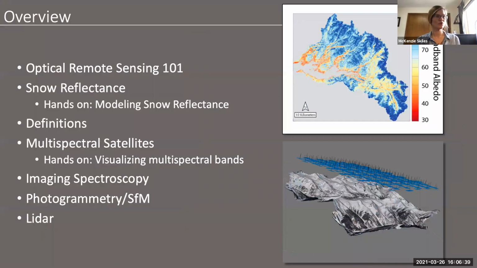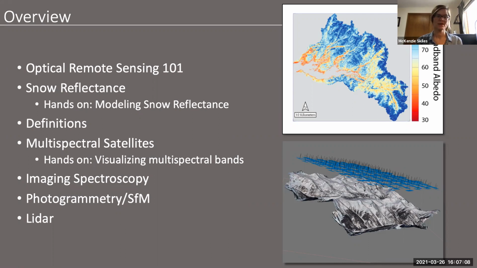So just to give you an overview of the webinar, we'll be talking about, really broadly, optical remote sensing 101. If you've taken a remote sensing class, feel free to tune out during those slides, but I just want to make sure everyone has the same background as we go into this webinar. We'll talk a little bit more about snow reflectance, and we'll do some practice with an online radiative transfer model.